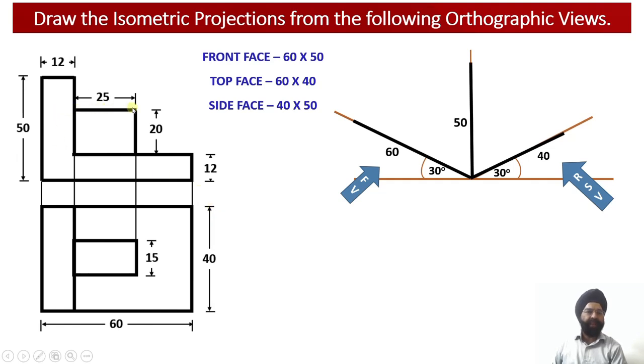Then we have the element number 3, which is a rectangular block having dimensions length equal to 25 millimeter, height equal to 20 millimeter and the width equal to 15 millimeter. And this rectangular prism or rectangular block has been put on the top surface of the element number 1.